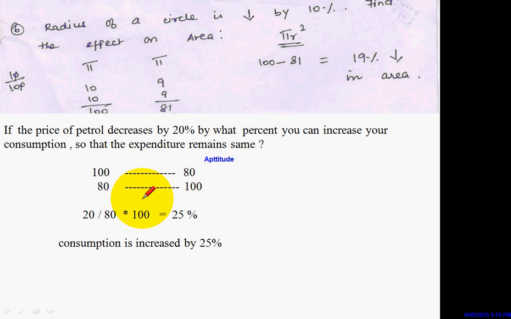No, what we have to do is calculate 20% out of 80, so consumption is increased by 25% instead of 20%.